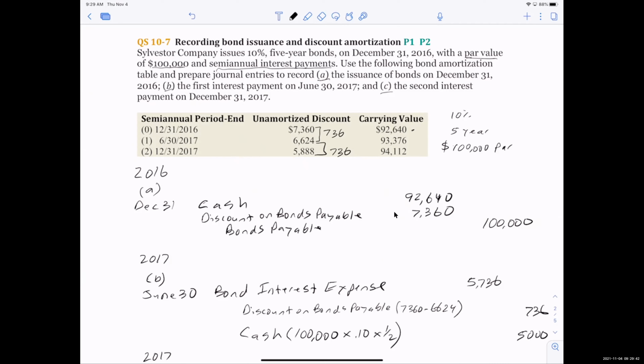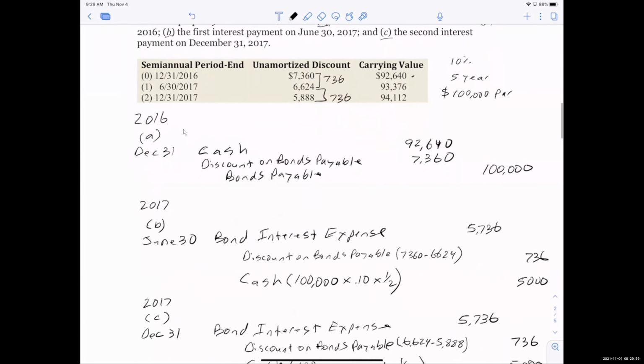Okay, now it says B, the first interest payment on June 30th. So it's really 6 months, right? So this is how we're going to do it.